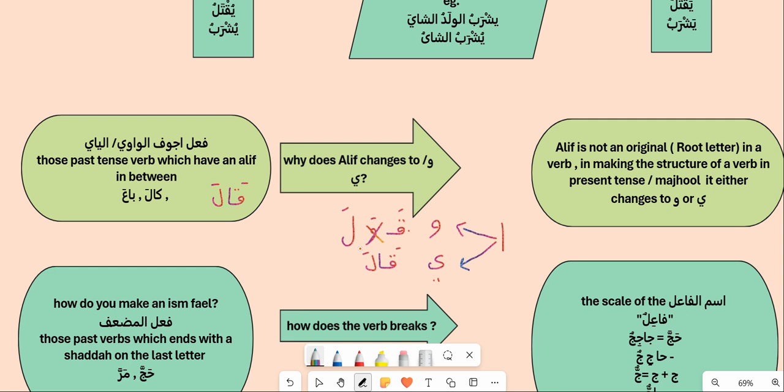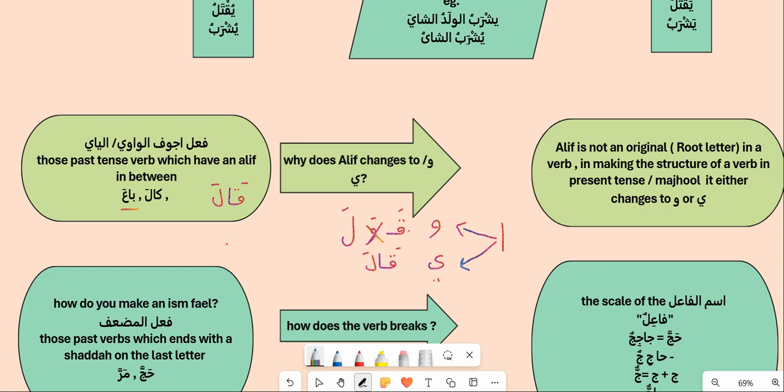There are some verbs, for example ba'a, that also have a weak letter alif in between. But the alif is not an original letter here. When this verb changes its structure, it becomes ya.